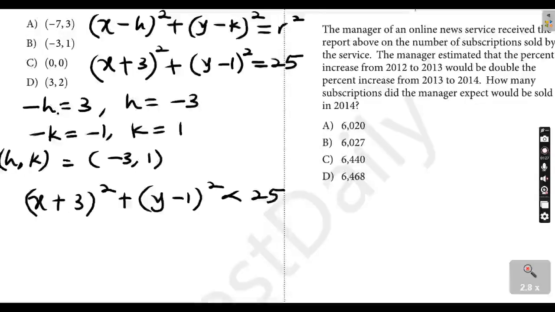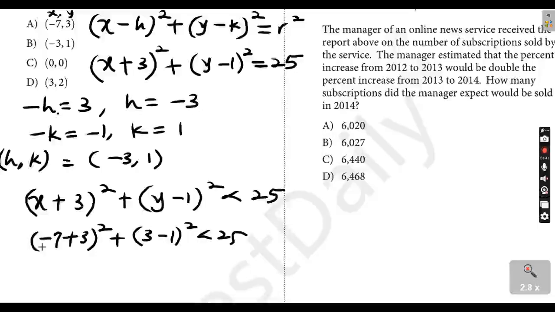So pick A. This is x, y. So we have x, that's −7, plus 3, all squared, plus y is 3, minus 1, all squared, is less than 25. −7 plus 3 is −4, all squared, plus 3 minus 1, that is 2 squared, less than 25.